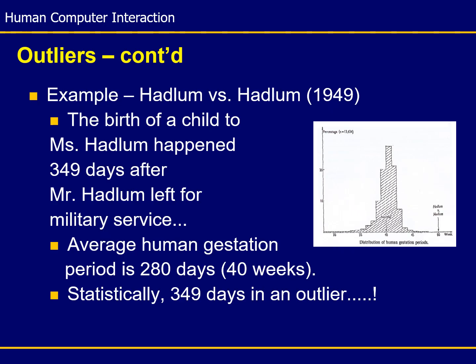The average human pregnancy is about 280 days, which is 40 weeks. So 349 days is a lot of time to be pregnant. That's about 70 days more in terms of pregnancy time.